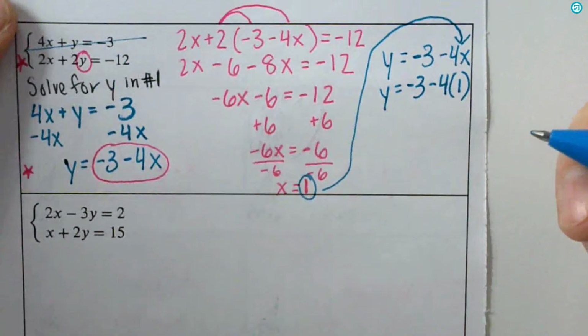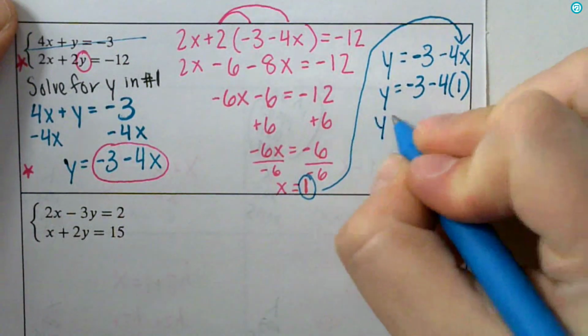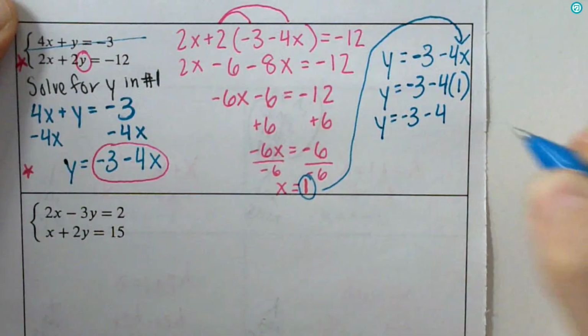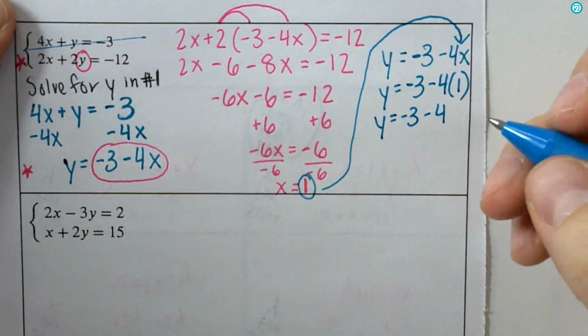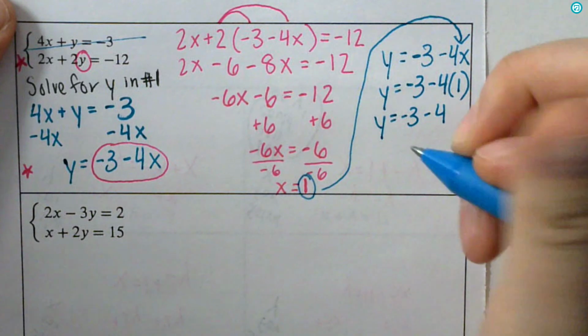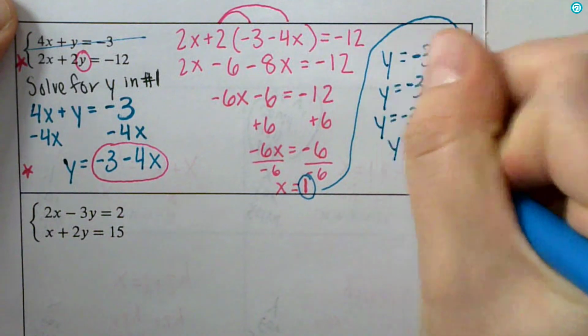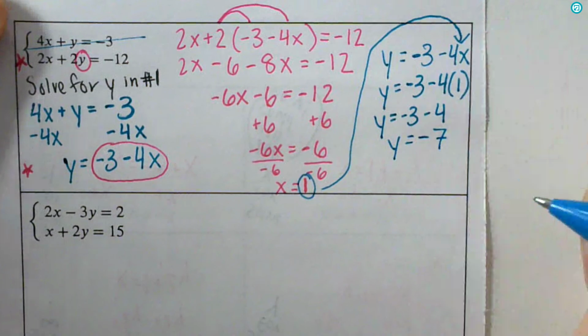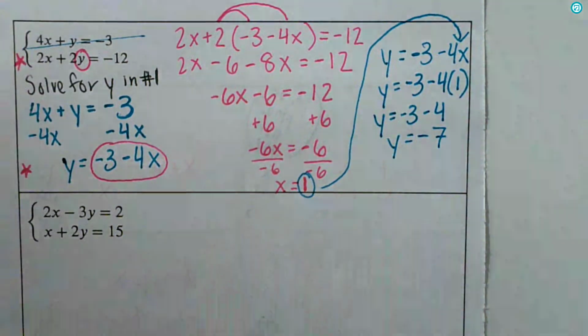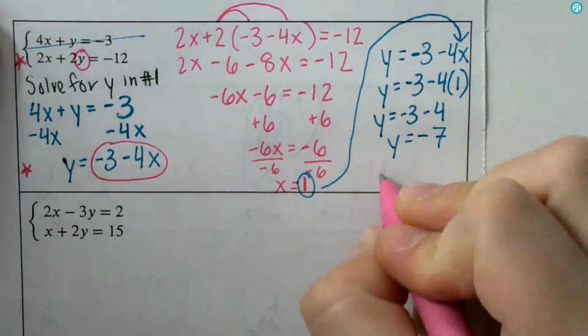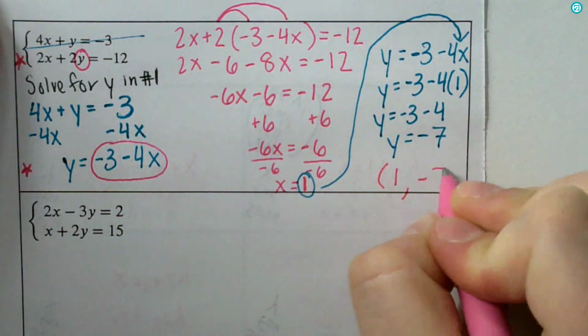And then 4 times 1 is just 4. So I've got y equals negative 3 minus 4. And negative 3 minus 4 is negative 7. Y equals negative 7. Okay. And then the last thing that we always do is we write our answer as an ordered pair. So it's going to be 1, negative 7.